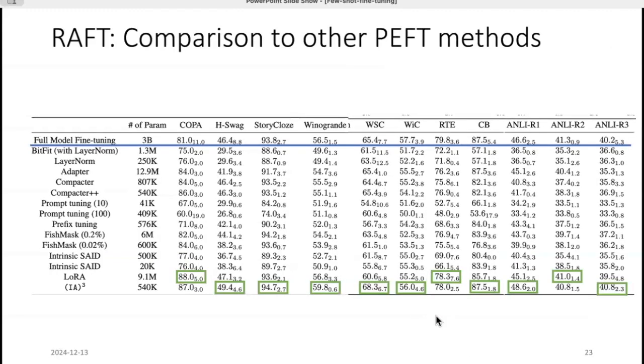And if you look into the details of these methods, one natural question coming to my mind is how this proposal, this few-shot fine-tuning, also called IA3 over here, compares to other PEFT methods, as I mentioned, right? So there are 9 other popular PEFT methods, along with full model fine-tuning. And this is the number of parameters you need to update for the fine-tuning.